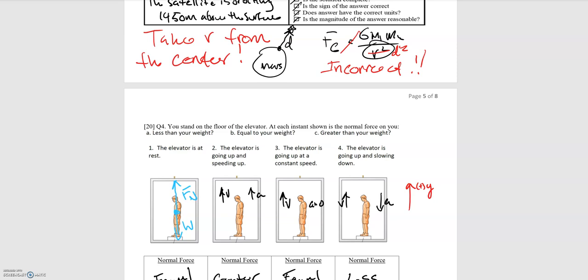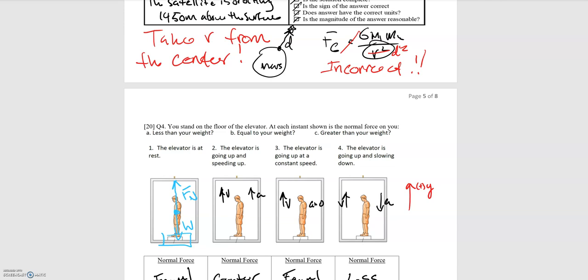So we know that the normal force is what we're reading off our scale. I'll take a step back and talk about it. Say a bathroom scale that you have. When you go to measure your weight, what the scale is actually measuring is the force that it's applying upwards on you to balance the weight.